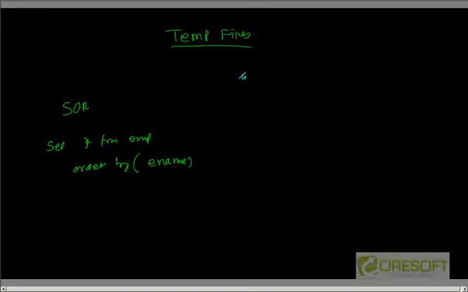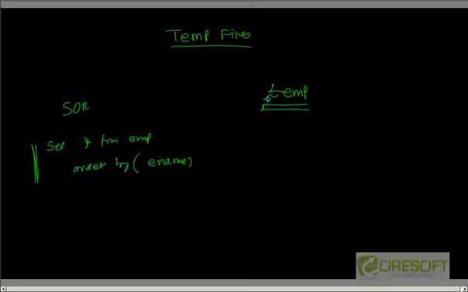Now, if the select star from emp is going to give us a huge amount of data, then it's not a good idea to sort those things in our RAM or in our SGA. Instead, we can write those things to a temporary file, and use that temporary file to sort the results.